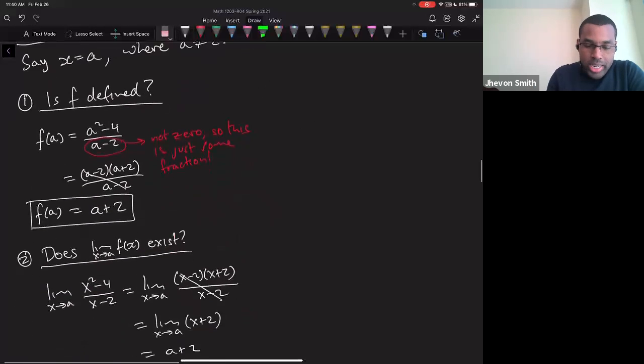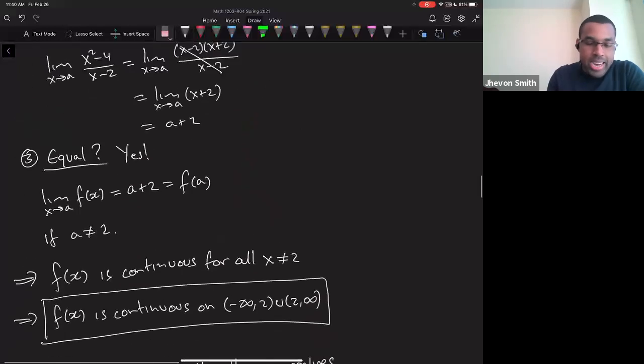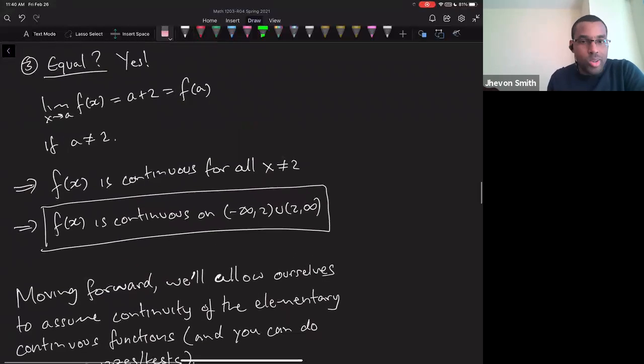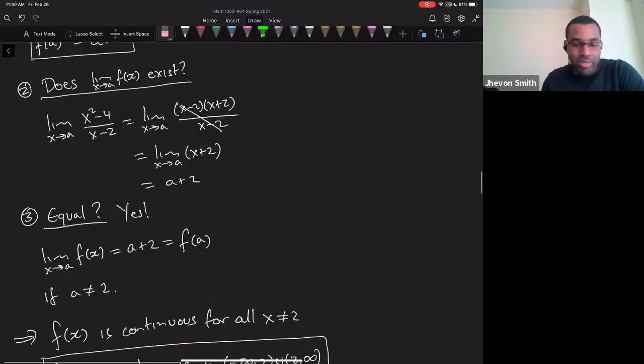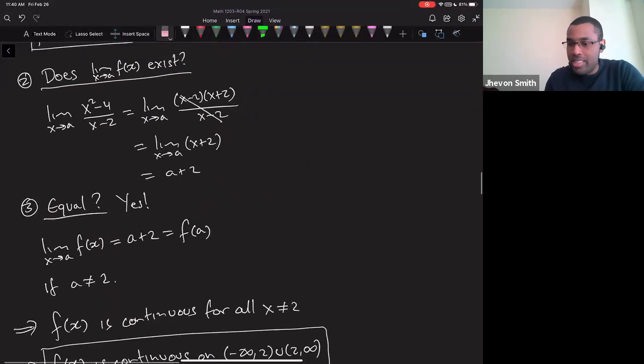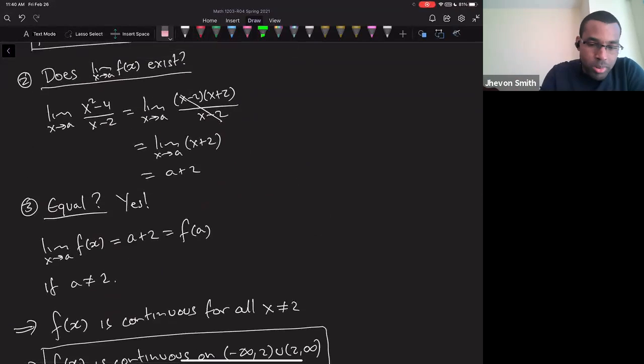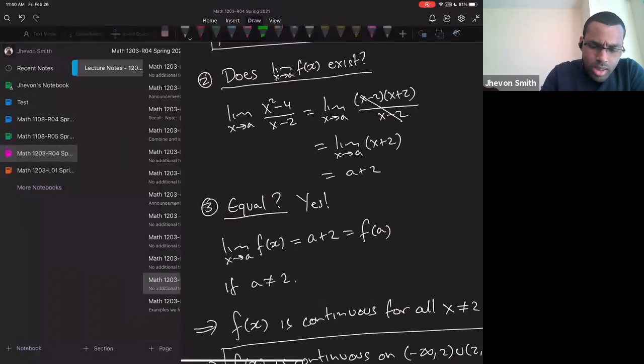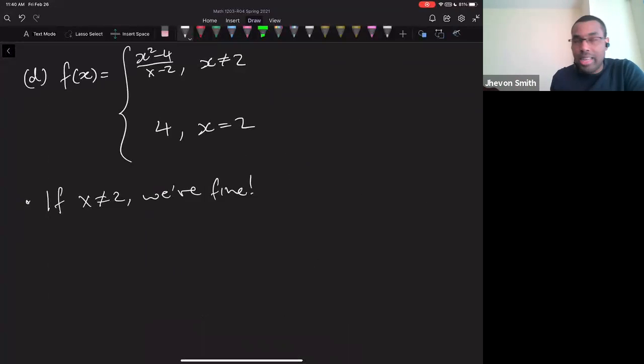And then you have to go and in general prove that for any A not equal to 2, this is going to work and blah, blah, blah. But I don't want you to have to waste time doing that because then that's like you having to do 2 sets of problems. So at this point, however, by the same token, I don't want you to not be considering that in the first place.